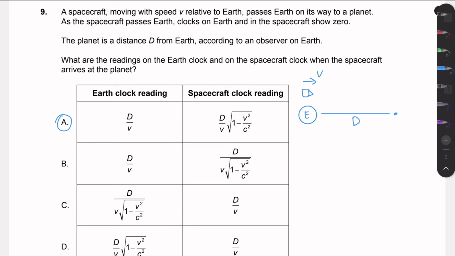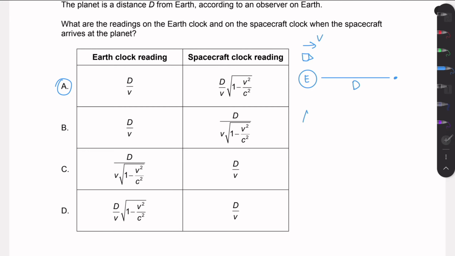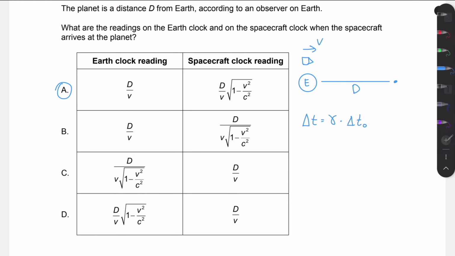If we look in our data booklet, we see that there's this relationship that delta t is equal to the gamma factor times the proper time. If we consider the spacecraft system, then this proper time will be from the perspective of the spacecraft, as proper time is just the time measured by the observer that we're investigating, so people on the spacecraft.